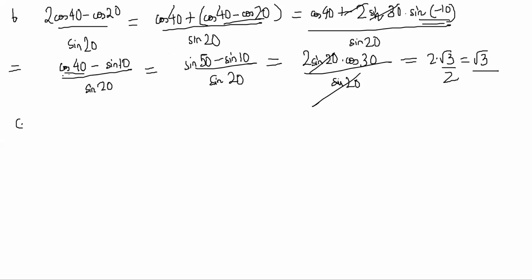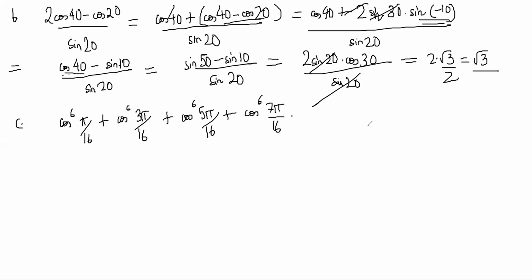Part C is cos power 6 pi by 16 plus cos power 6 3 pi by 16 plus cos power 6 5 pi by 16 plus cos power 6 7 pi by 16. We have to find the value of this.